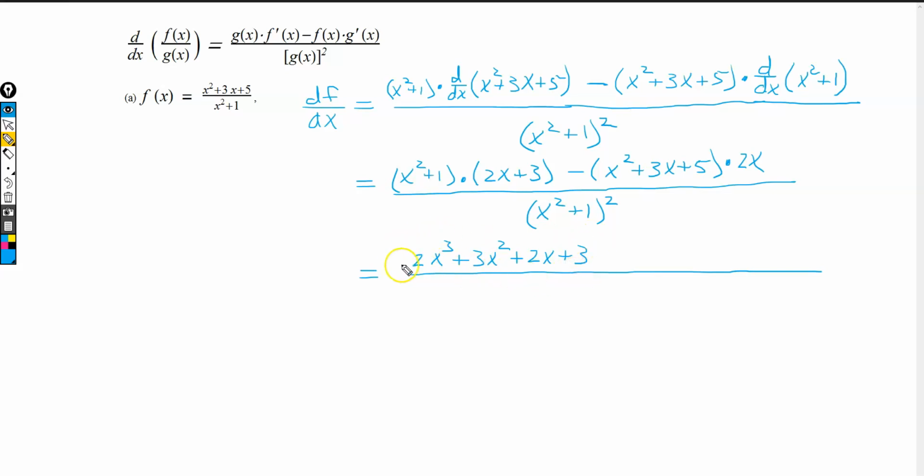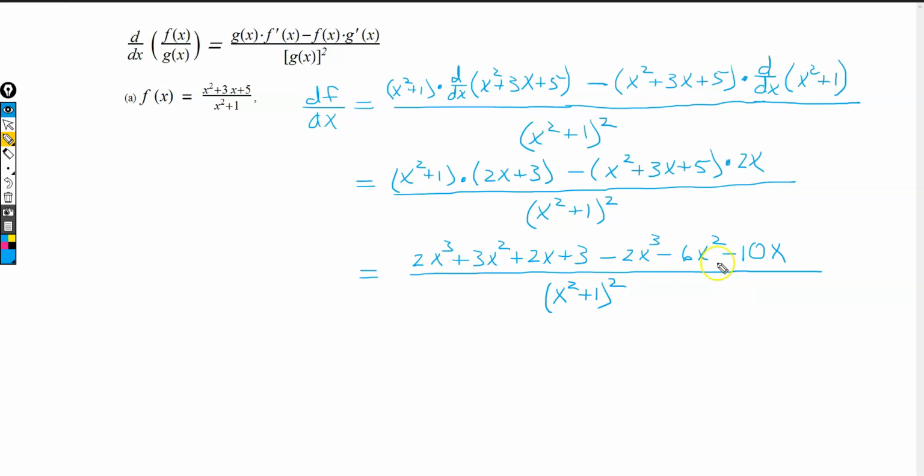So this right here is simply these two terms FOILed out, and then minus. And these terms here come from distributing the 2x among the x squared plus 3x plus 5, and then distributing the minus. And then we have to divide by.